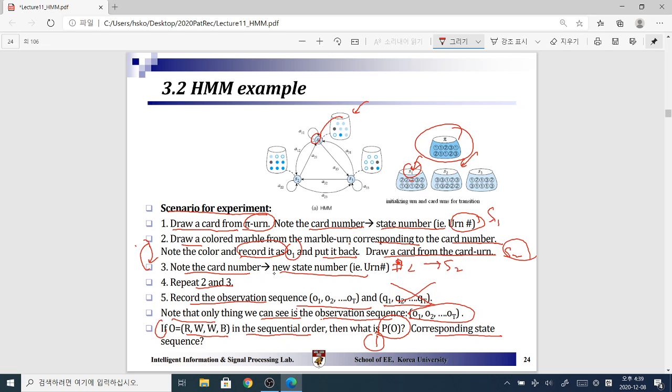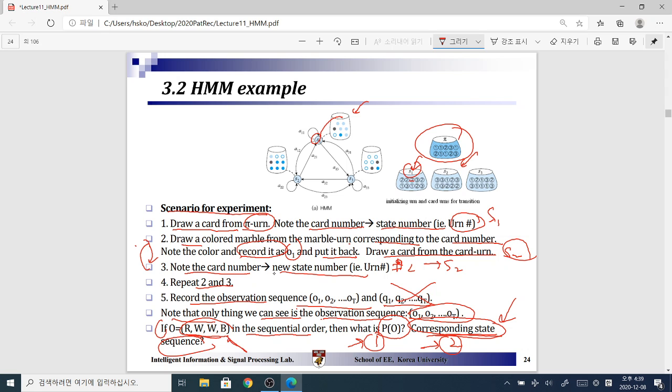And the second question is what would be the corresponding state sequence. In other words, a specific observation has taken place in sequence. Then what is the probability of that sequence, number 1, and number 2 would be what is the corresponding state sequence. So essentially, this is what we are heading toward.